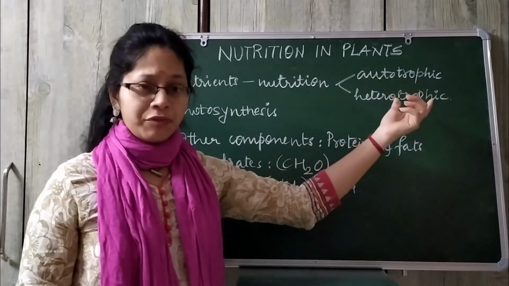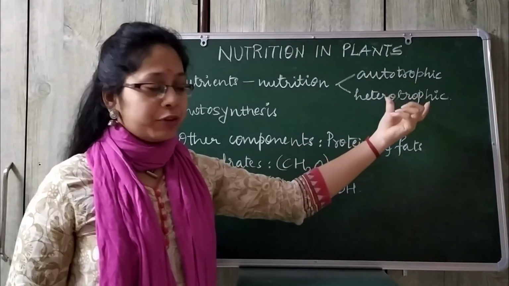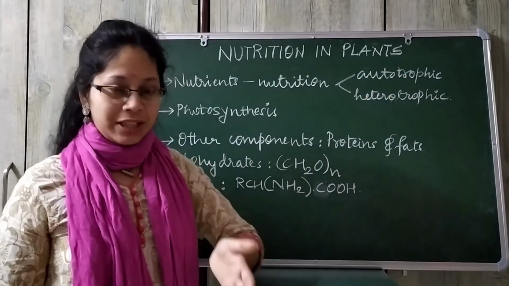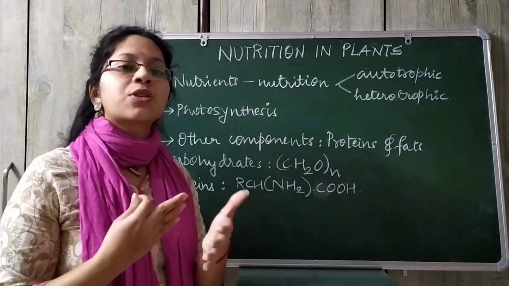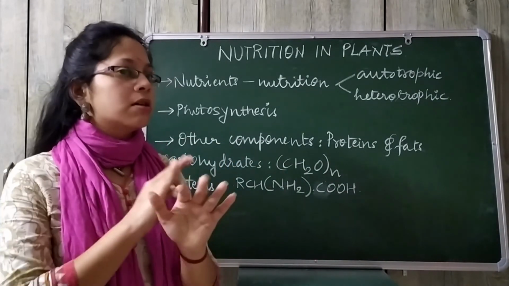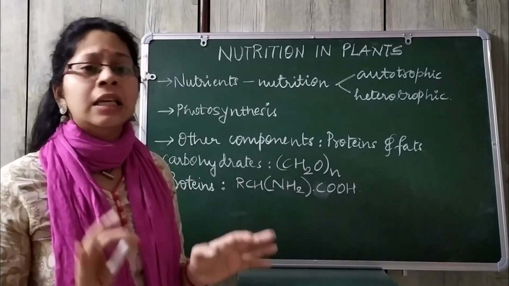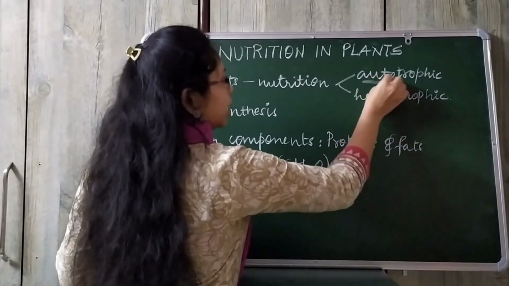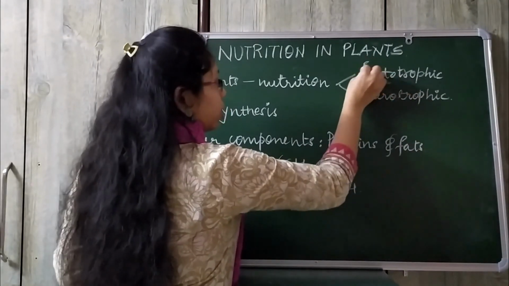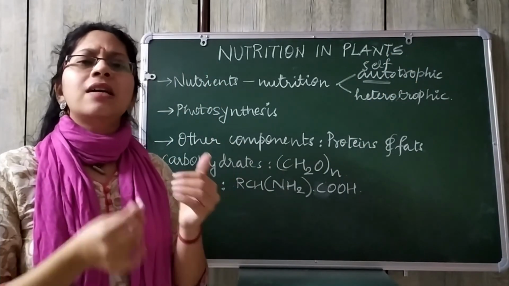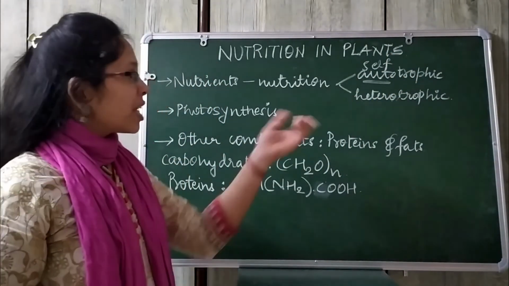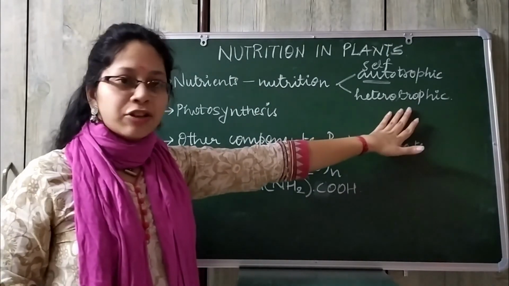Now what is autotrophic nutrition? In the word autotrophic, auto means self. That means that particular organism can prepare its food on its own. It does not depend on any other organism. Next type is heterotrophic.